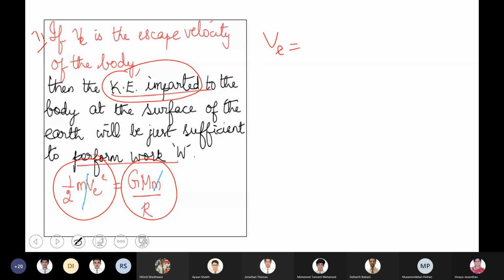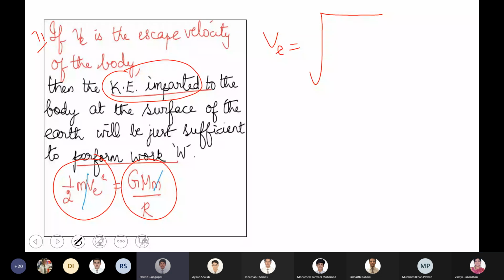Harish is in your class, right? Harish, what is VE?